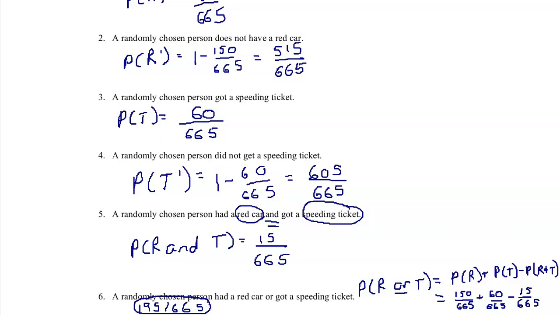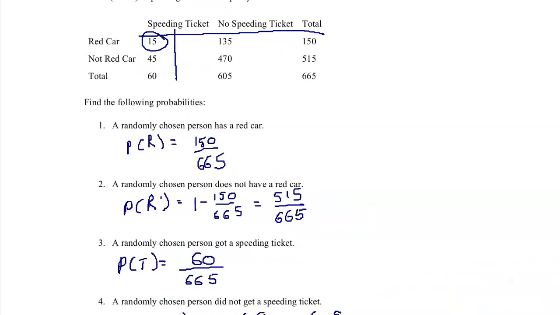Now we can also figure this out by looking here at our table. Let's get rid of all this other stuff I've circled. The probability that somebody either had a red car or got a speeding ticket, well, we look at the people who got speeding tickets. We look at the people who had red cars.